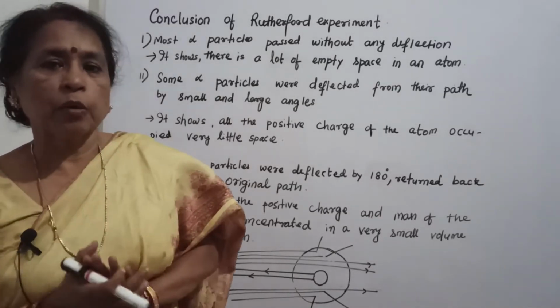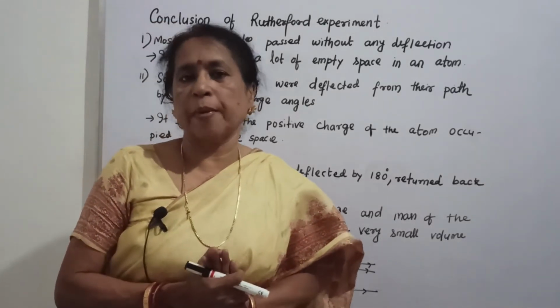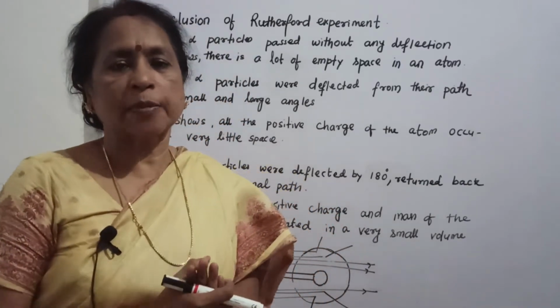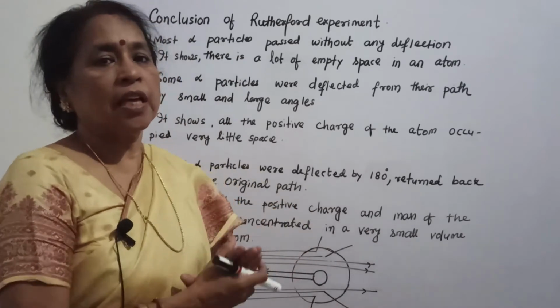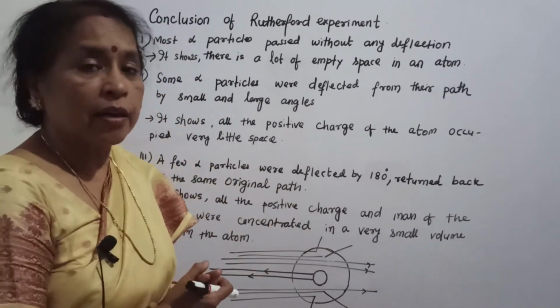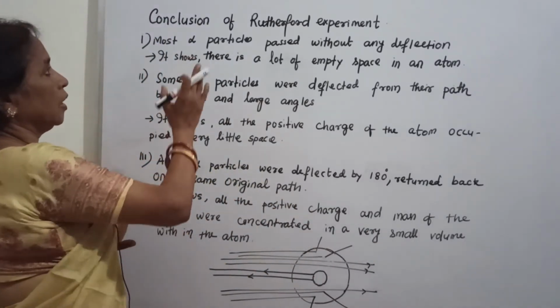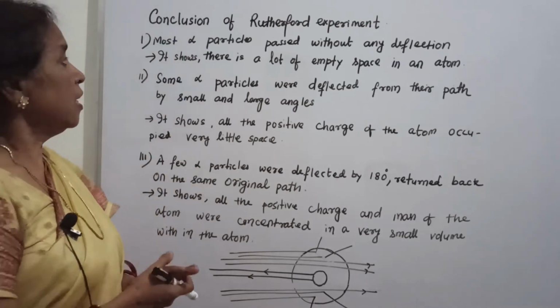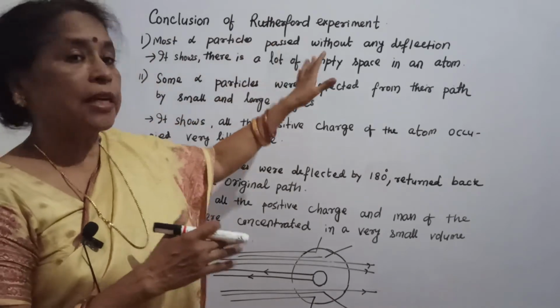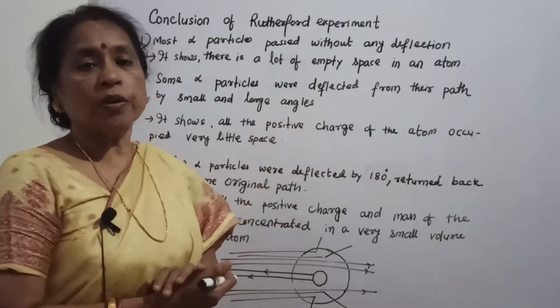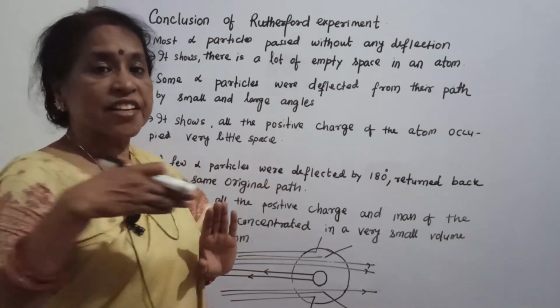I told you Rutherford's experiment. In Rutherford's experiment, alpha particles are bombarded onto thin gold foil. Then what are the conclusions? The first point: most of the alpha particles pass without any deflection. They go in a straight line.